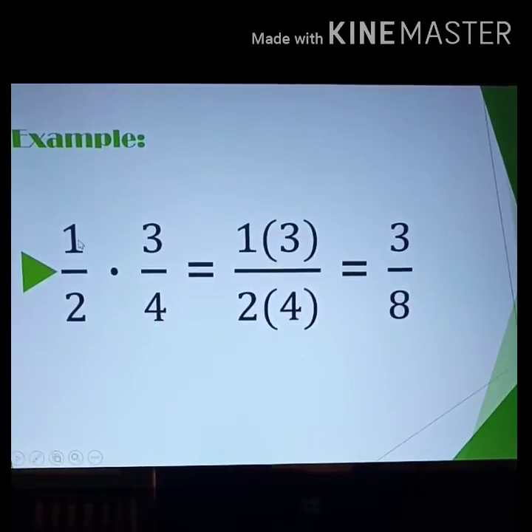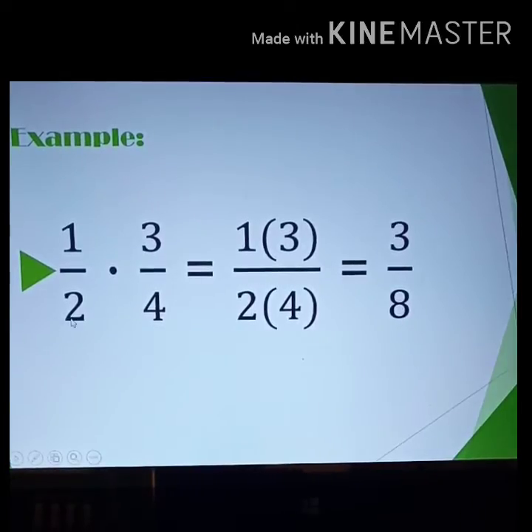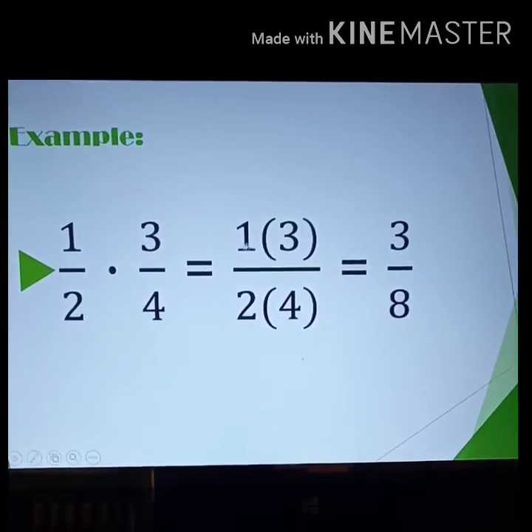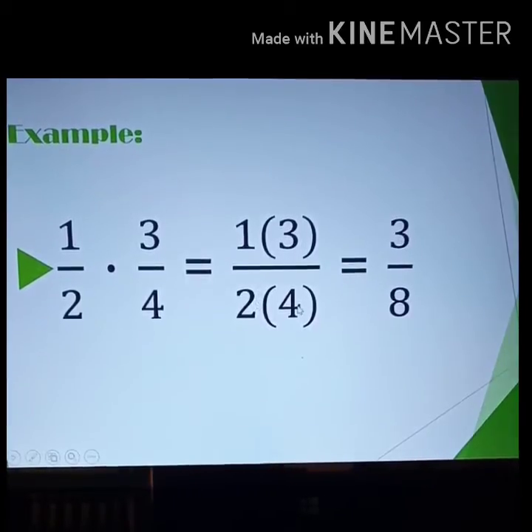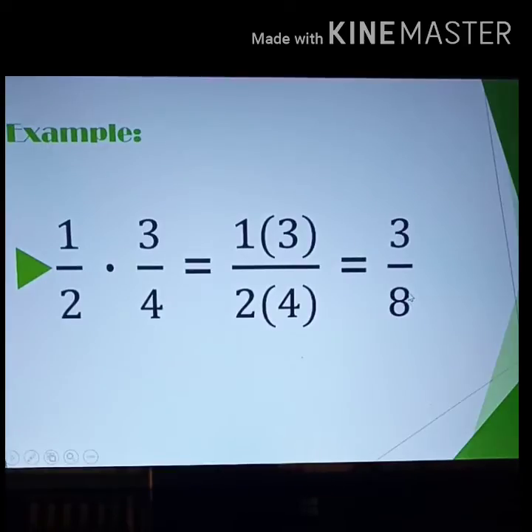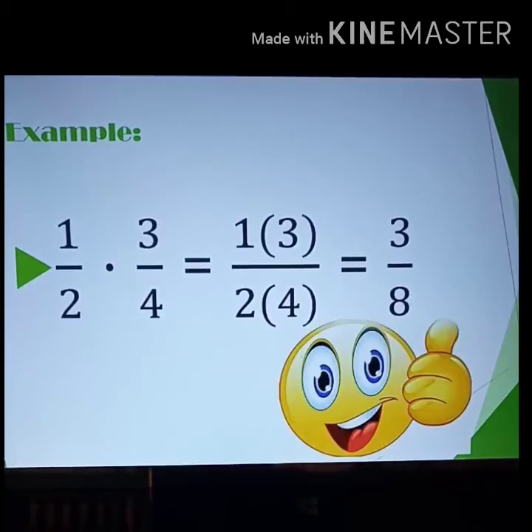Just simply multiply our numerator 1 to the numerator 3, and also the denominator 2 to the denominator 4. So we have here 1 times 3, which is equal to 3, and 2 times 4, we have 8. So the answer is equal to 3 over 8. Very simple, right?